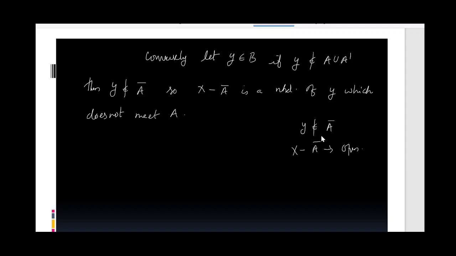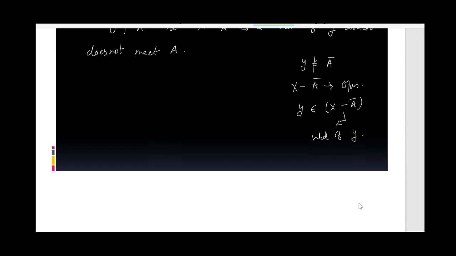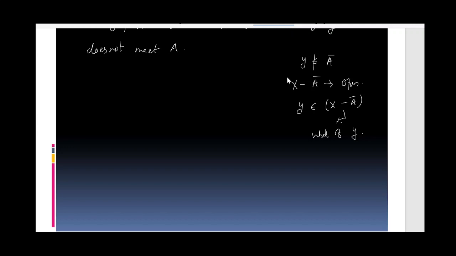Now, y does not belong to A closure means y belongs to the open set X minus A closure. Since this is open, this is going to be a neighborhood of y. Now, will it have intersection with A? Since y you have taken in B, right? So, let us take intersection with A.